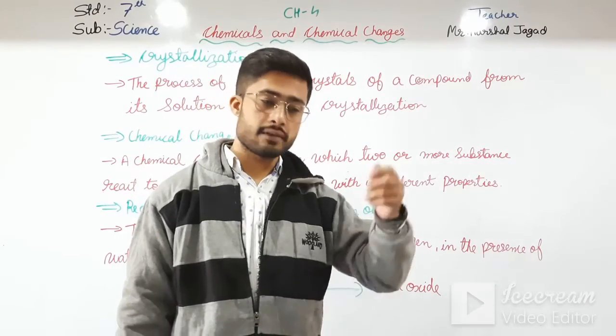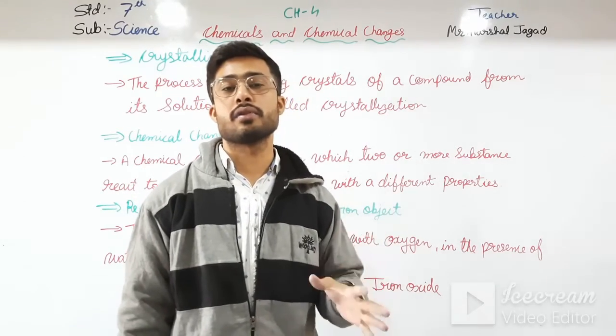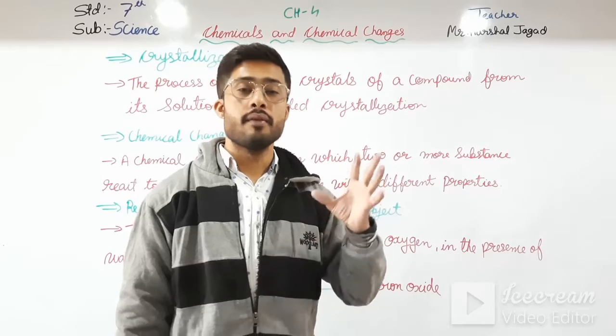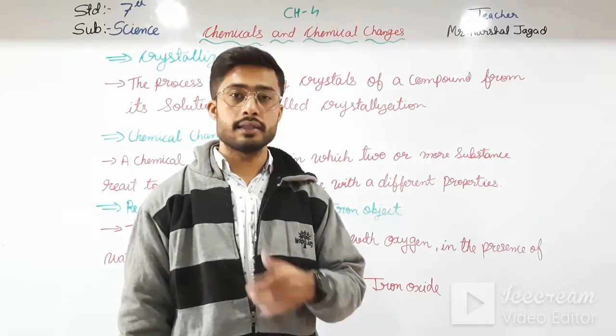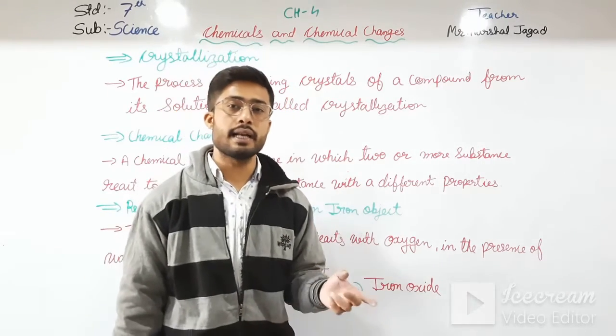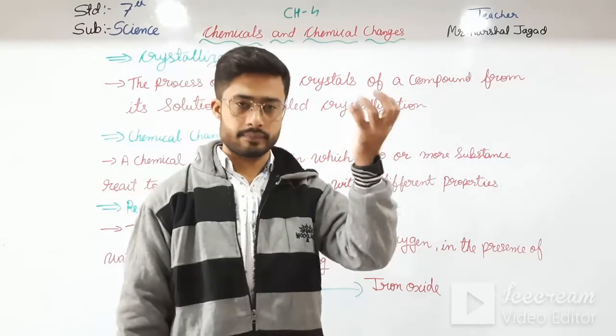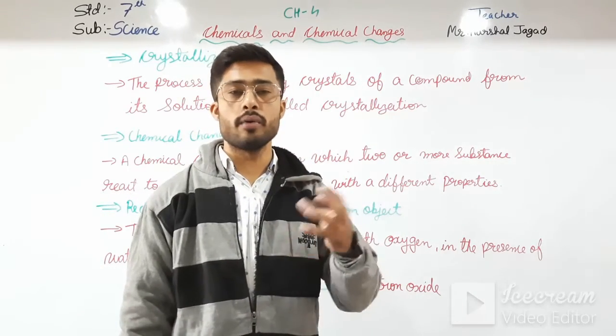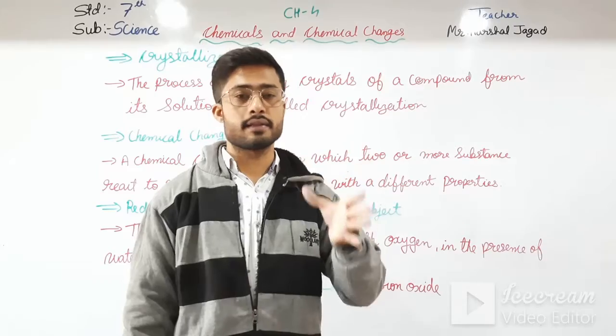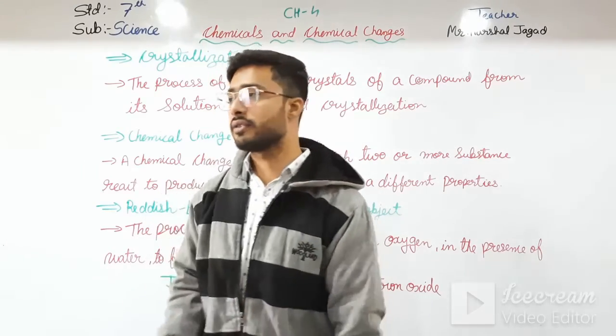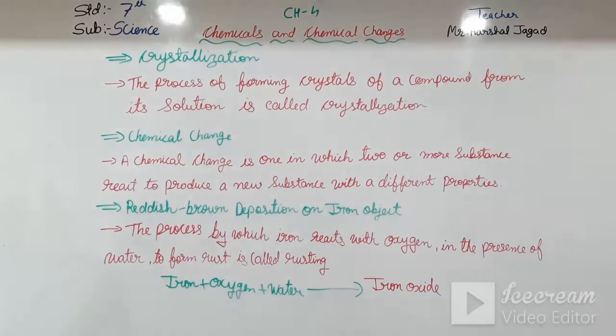Also when it is painted, it does not come in contact with moisture. And another is galvanization, in which a zinc layer is put over the surface of the iron, so that is known as galvanized iron.